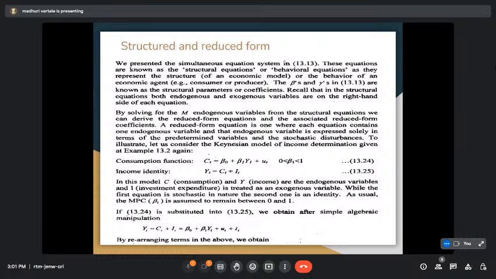Why? The first equation is stochastic in nature and the second one is an identity. That is, total income is nothing but consumption plus investment, but the value remains between 0 and 1.